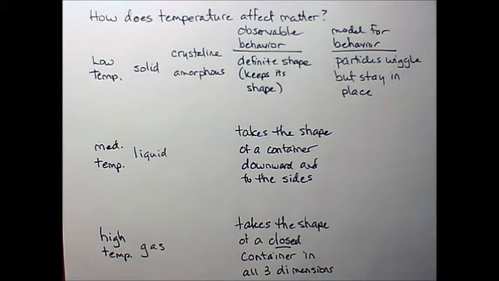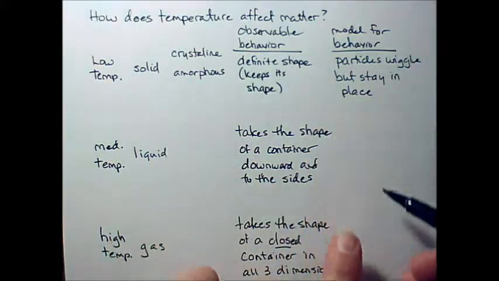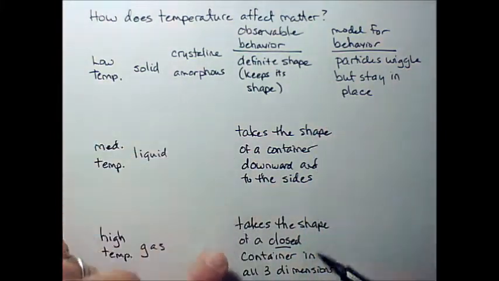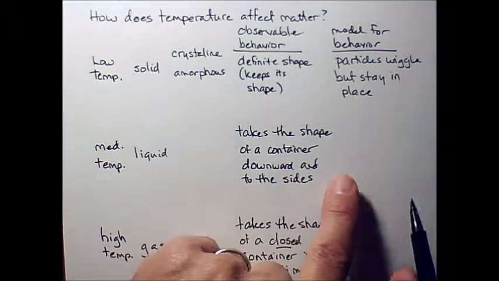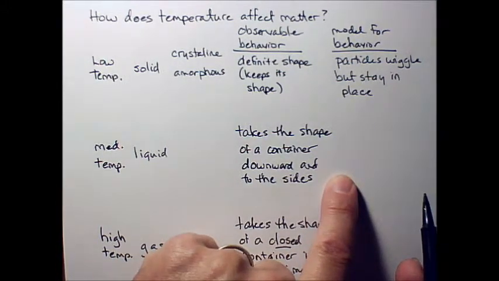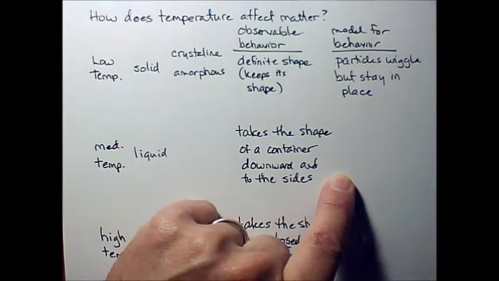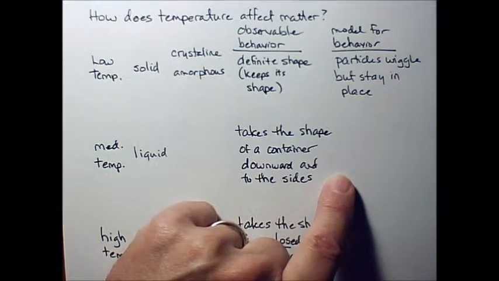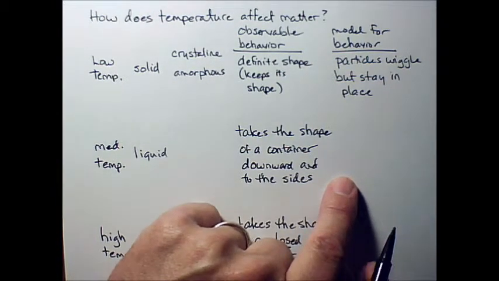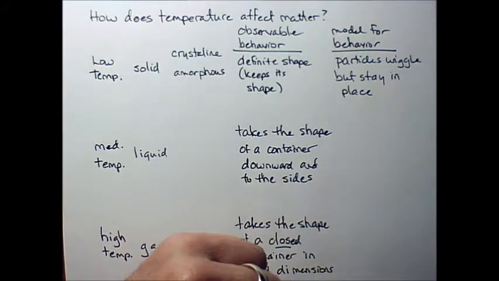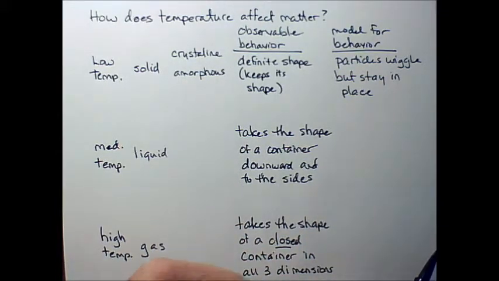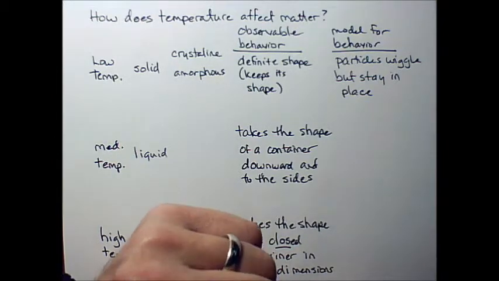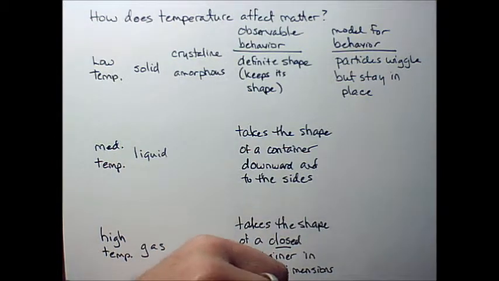All right, so what can we say about the model, the cause of this behavior we can observe? Like, they kind of move freely. That's not bad, and that may be what you've been taught before. But here's what I'd rather you understand at this level. For the most part, liquid structural particles still touch. They just move around each other.